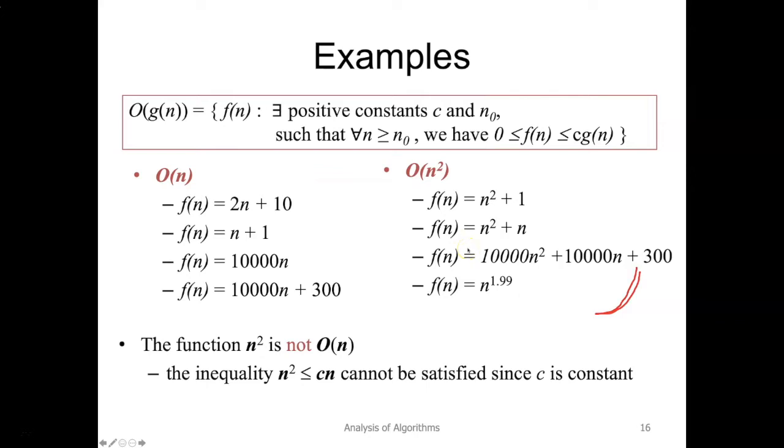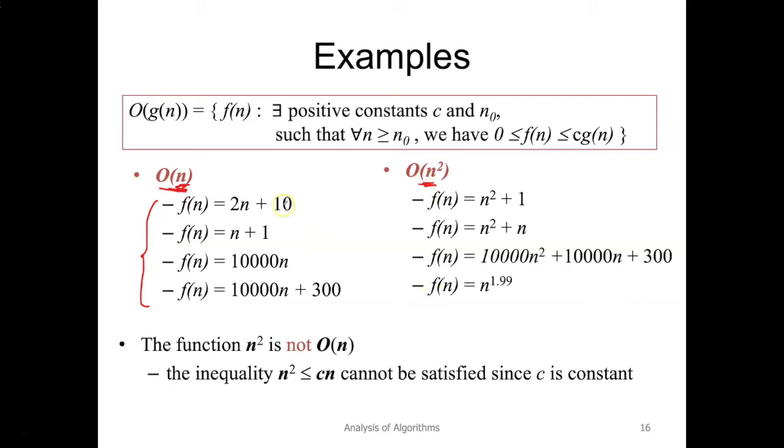Now, this doesn't go both ways. For any one of these functions here, all of them are big O of n, and because they're upper bounded by n, they're also upper bounded by n squared.